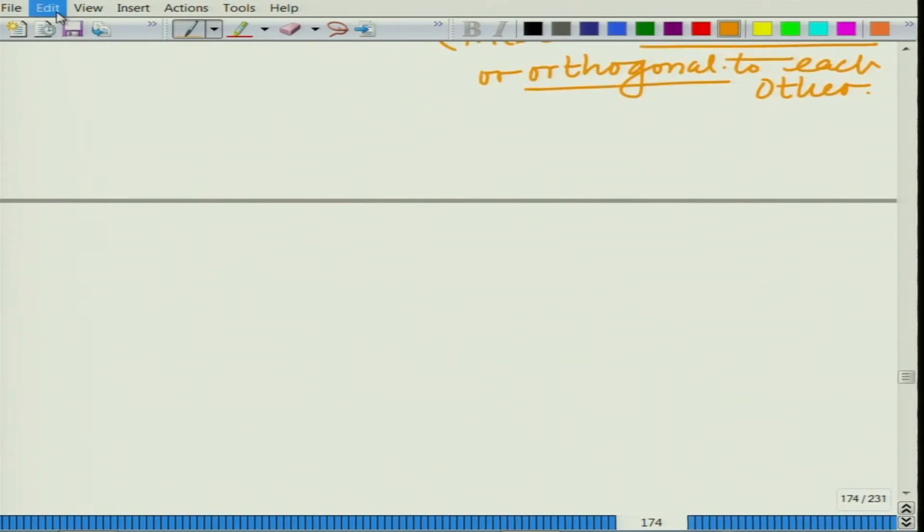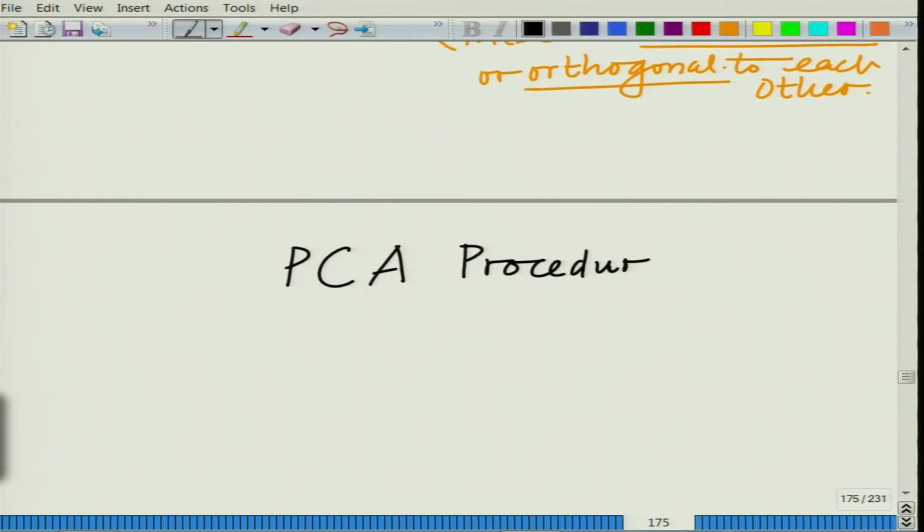So, what is the procedure for the PCA technique?